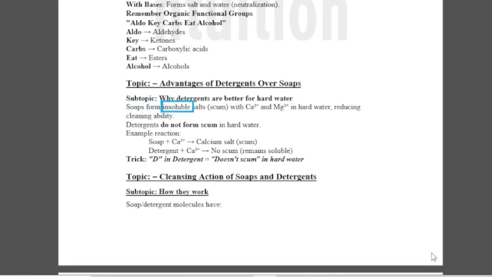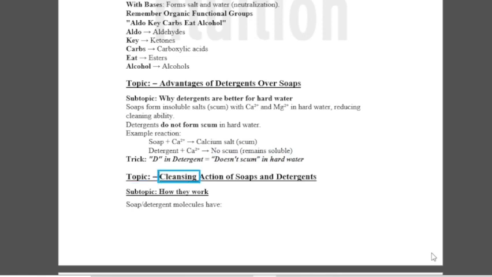Soaps form insoluble salts, scum, with Ca2+ and Mg2+ in hard water, reducing cleaning ability. Detergents do not form scum in hard water. Example reaction: soap plus Ca2+ gives calcium salt, scum; detergent plus Ca2+ gives no scum, remains soluble. Trick: D in detergent means doesn't scum in hard water.